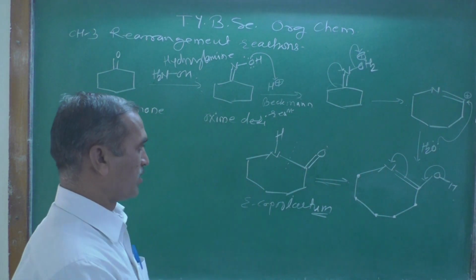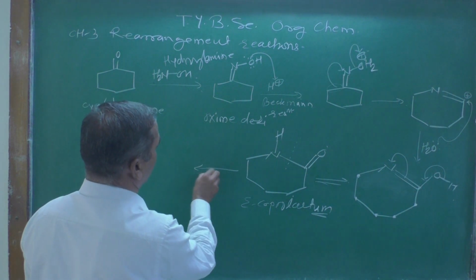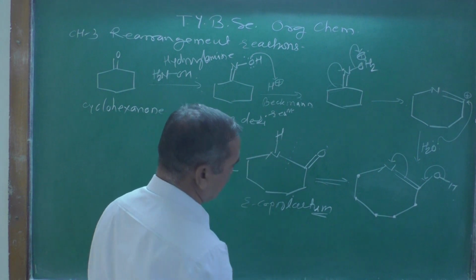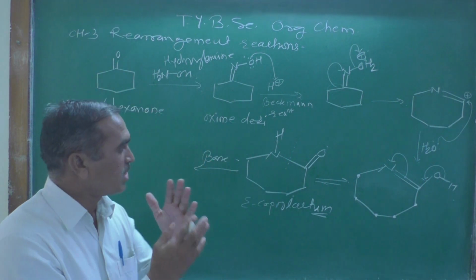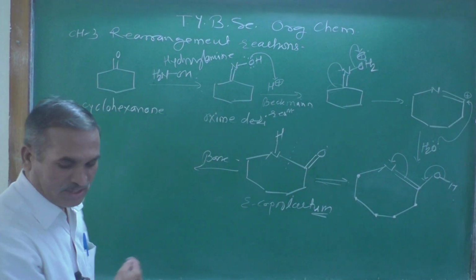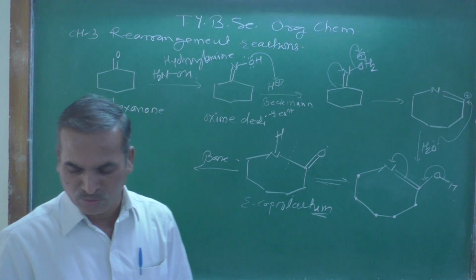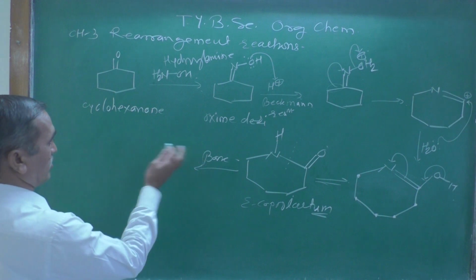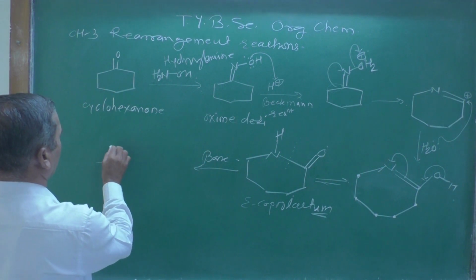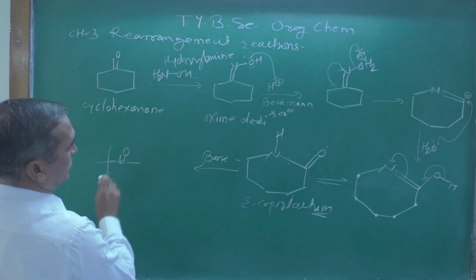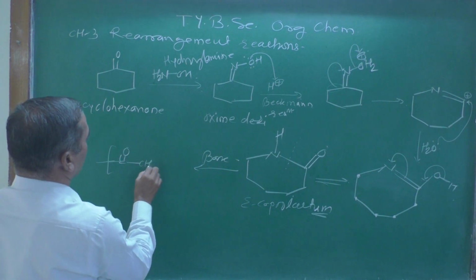When it is treated with a strong base, what is going to happen? This peptide bond gets cleaved, and the resulting compound is obtained like this, with an N terminal and the carbonyl here. Suppose here we can write C double bond O, then CH2.